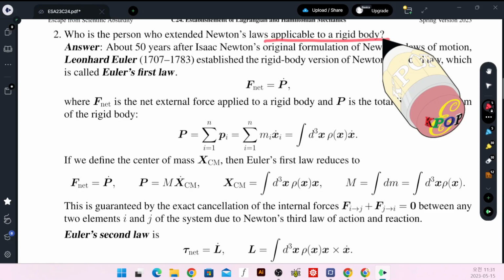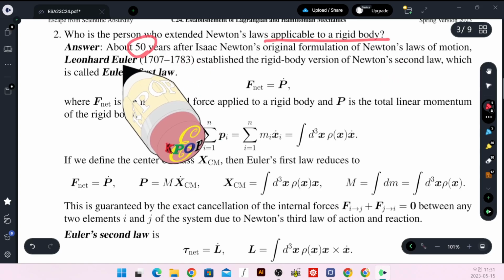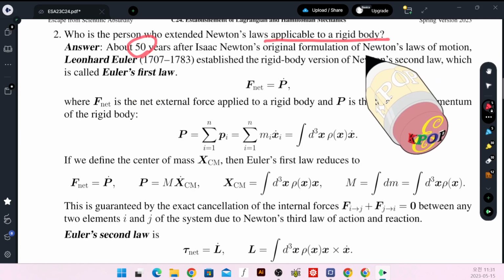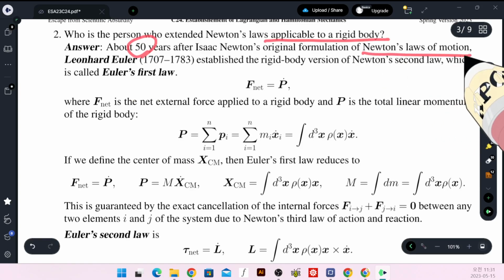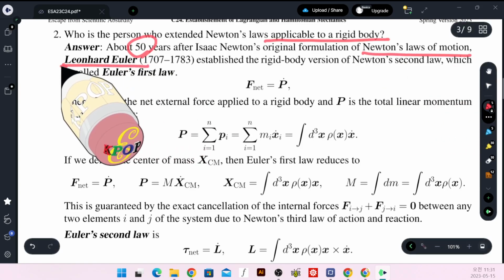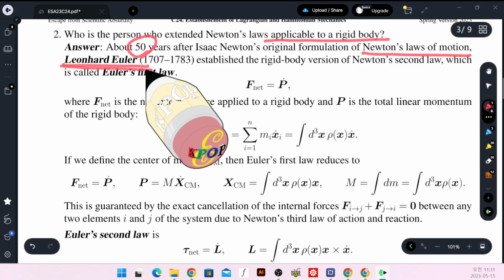Newton's law of universal gravitation was applied to the two-body system, but the actual application to a spinning top or a complicated mechanical problem involving rigid body motion was achieved about 50 years after the original formulation of Newton's laws of motion. It was found by Leonhard Euler.